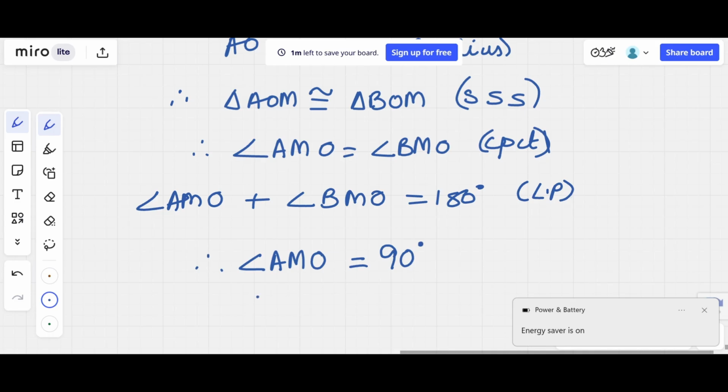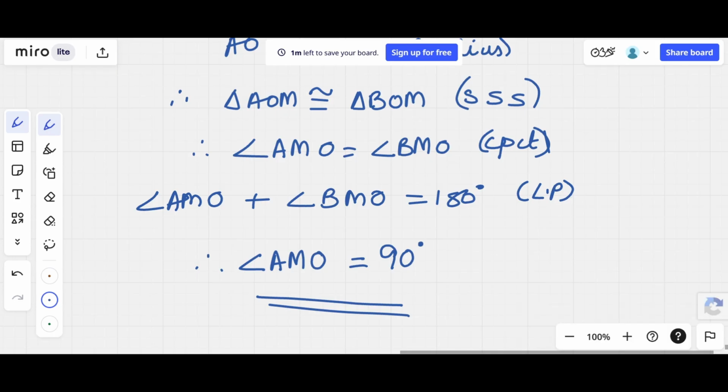So here we got the angle as 90 degree. Hence done. Okay. This is the proof for theorem number 4.